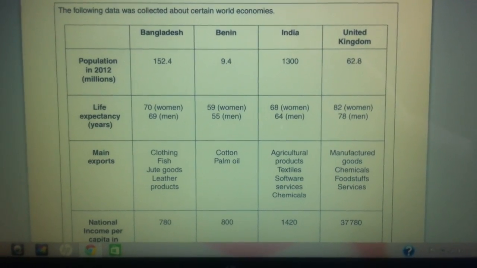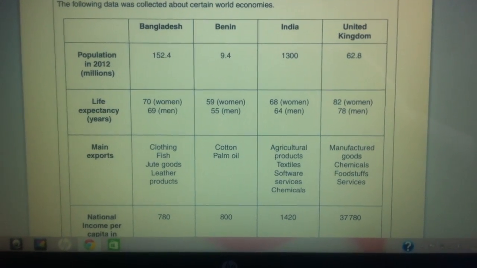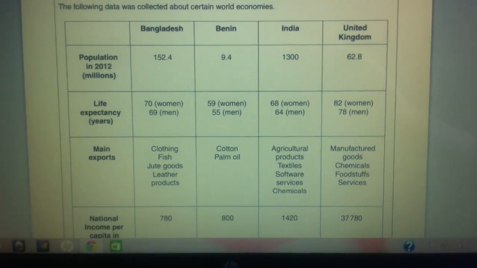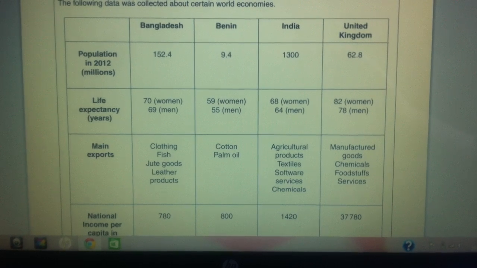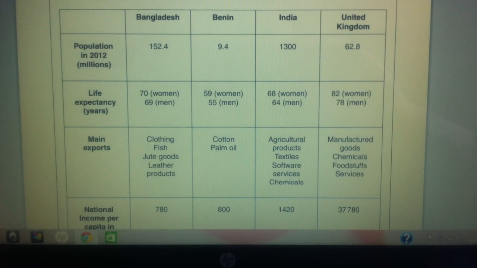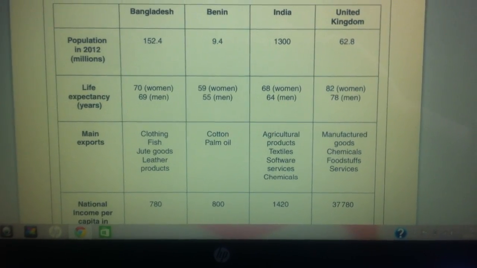Right, life expectancy. I think the obvious thing to point out here is that the UK, the developed economy in this table, has a much greater life expectancy than Benin, which is the worst. So if you're a woman there, only expect to live to 59, and if you're a man, even worse, 55.